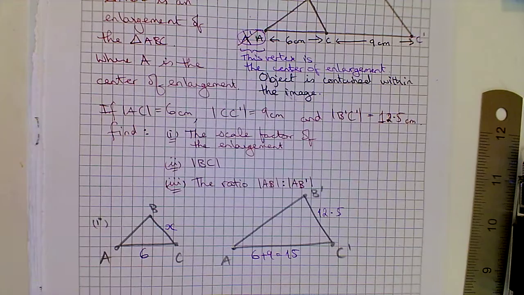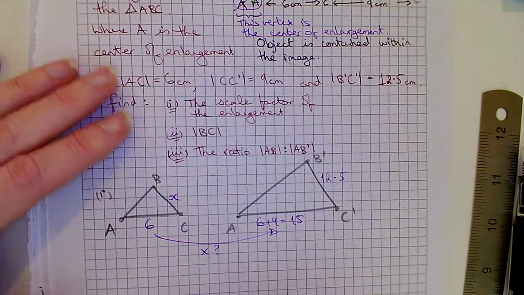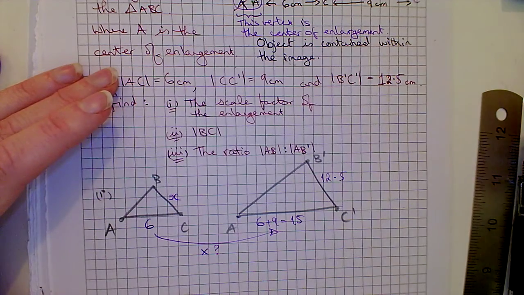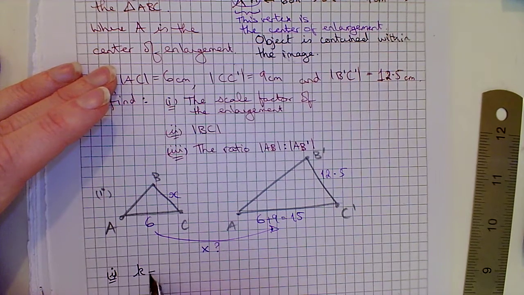So now I can work out my scale factor. What did I multiply 6 by in order to get to 15? So for part 1, my scale factor, K, is going to be 15 divided by 6.